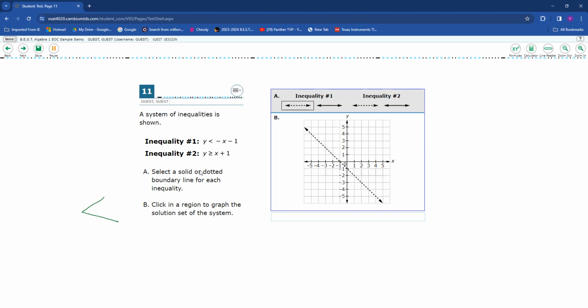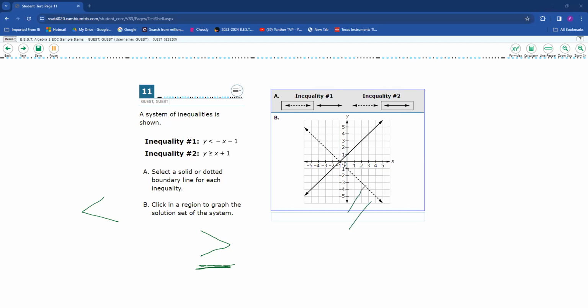So inequality 2 does have an equal sign, meaning greater than or equal to. Because of this little line right here, we're going to use the solid line for inequality 2, and it does that. Now click on the region to graph the solution. If an inequality is less than, that means I need to go below the line. So this is the area for the dotted line. I better draw it, not highlight it.